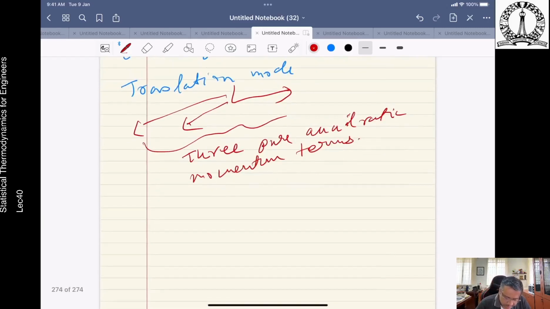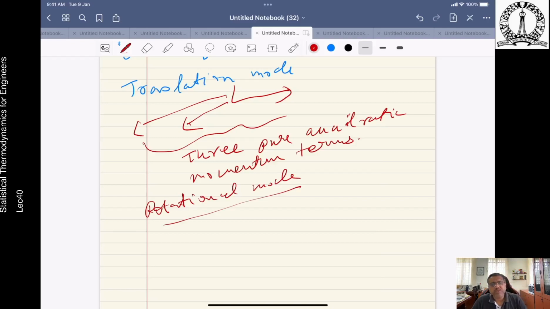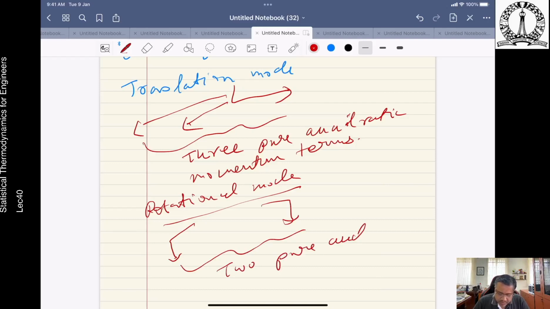Similarly, the rotational mode has 2 degrees of freedom, which corresponds to two pure quadratic momentum terms.